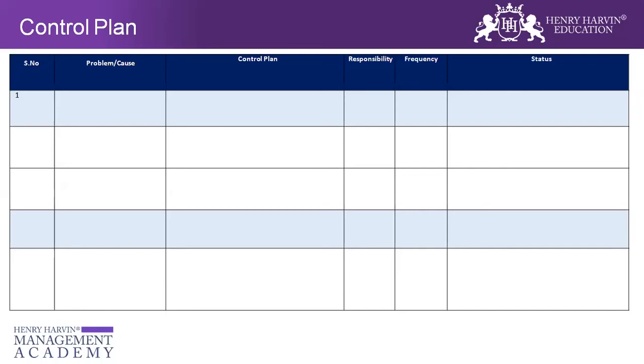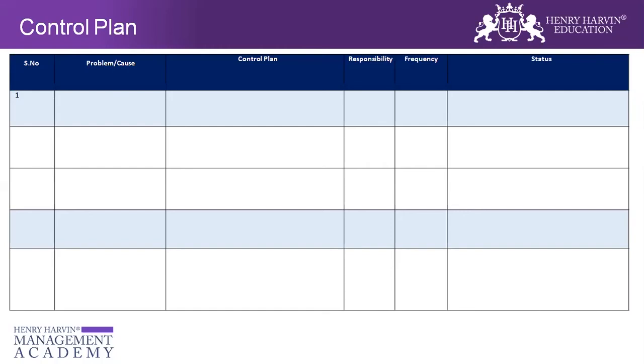Okay. So I got a question now. What is it that when we do the control chart, and if I identify any special cause variation and I am trying to fix that, is that problem to be mentioned here? No. Here I'm mentioning the cause which has been identified during the analyze phase. So I'm mapping my control plan with the cause that I've identified.